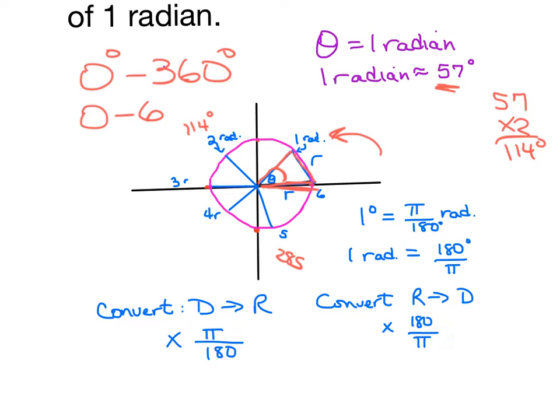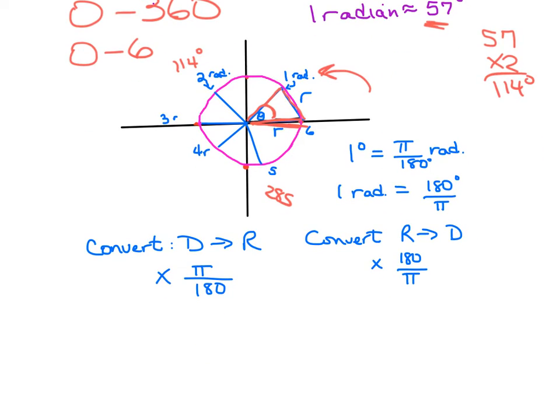So the conversions that we're going to be using: if you're given the measure in degrees and you want to turn those into radians, you're going to take your degree measure and multiply it by pi over 180. If they already give you the measure in radians, to convert it to degrees, you flip it to the reciprocal and multiply it by 180 over pi.